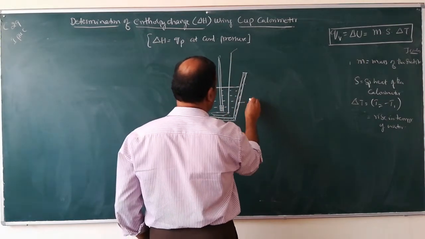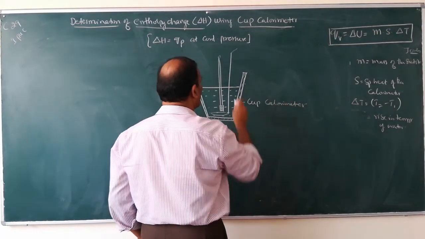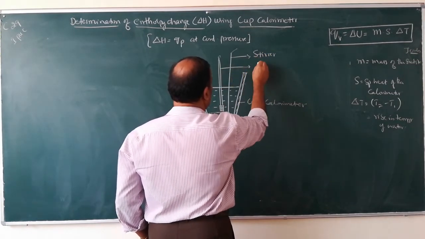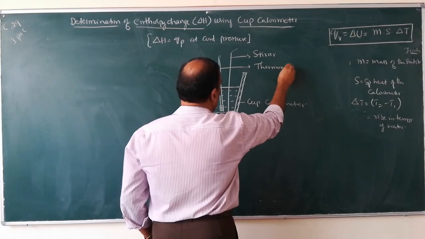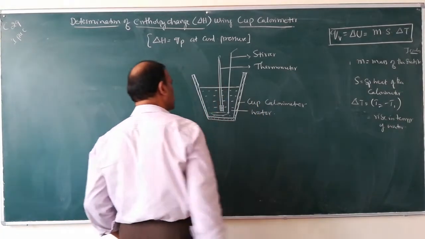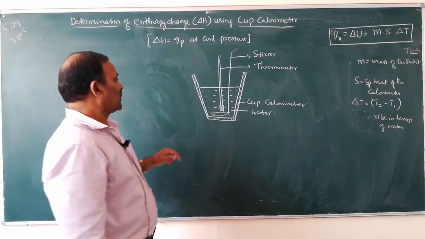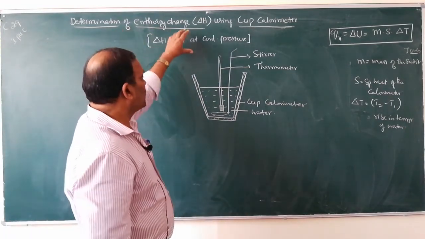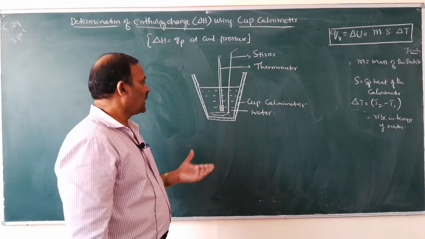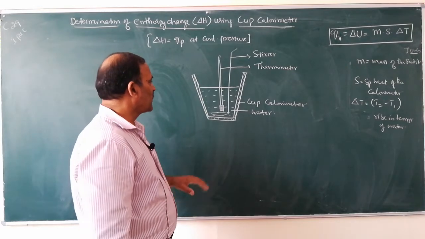So this is cup calorimeter, this one is stirrer, this one is thermometer and this one is water. Enthalpy change is measured using a cup calorimeter which is kept open in an atmosphere of air.